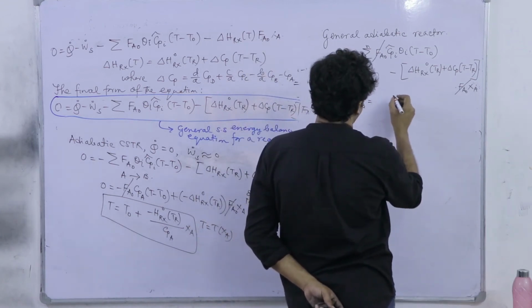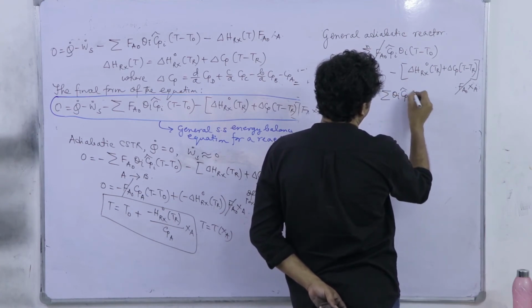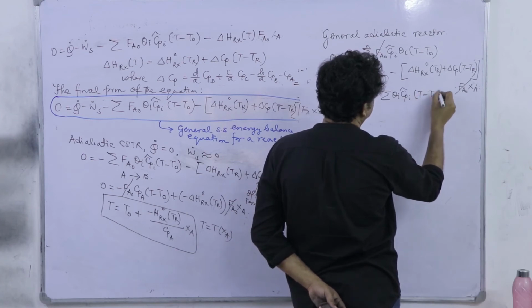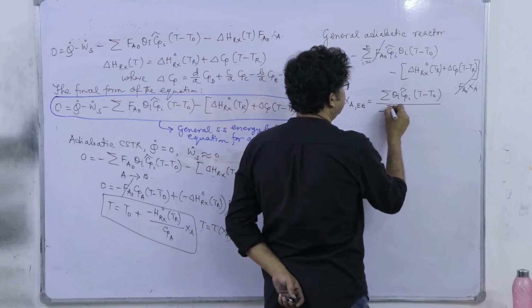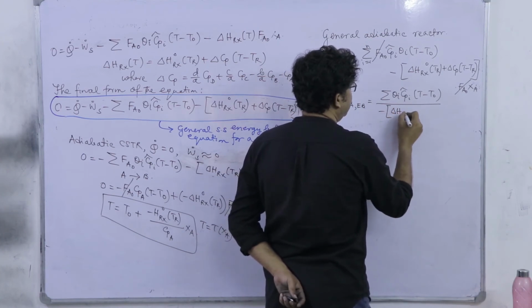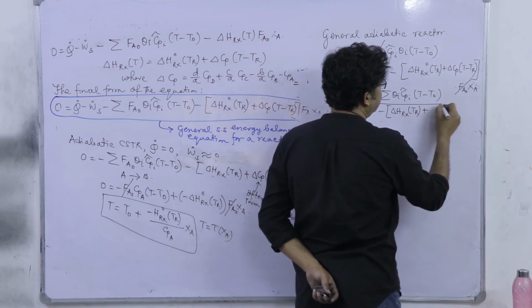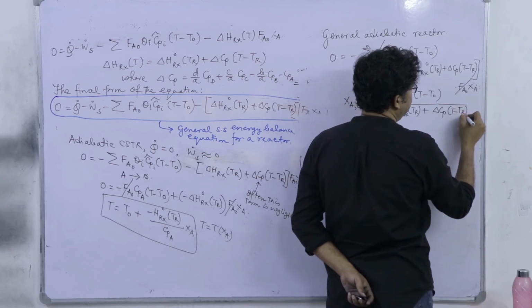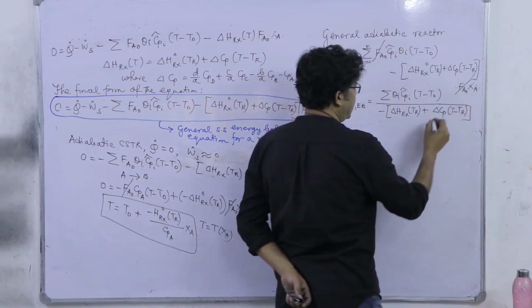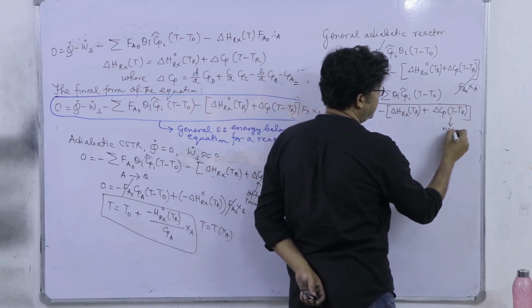That's equal to the summation of θ_i Cp_i (T minus T_0) divided by minus ΔH_Rx at T_R plus ΔCp (T minus T_R). Now as we have discussed, this term is negligible.